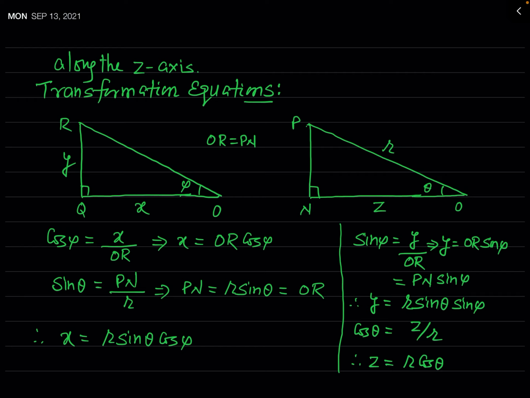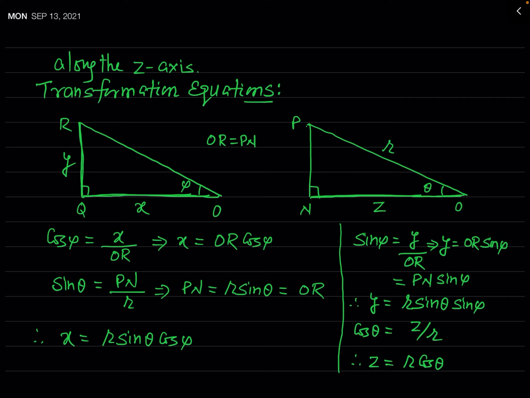You can see this is your right angle triangle OQR, and this projection OQ is equal to x, QR is equal to y, and in this second figure ON is equal to z. You have seen just now in the first figure.